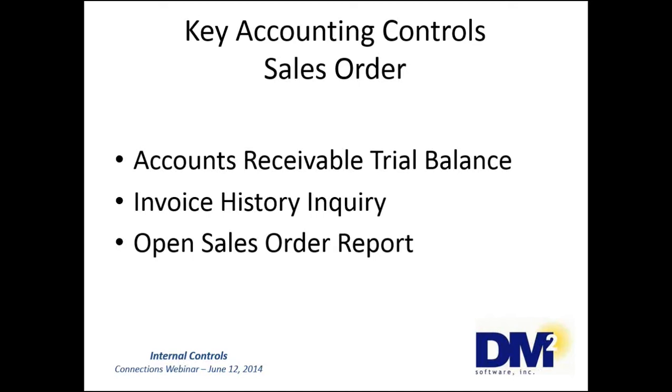One thing to note in sales order inquiries is that when you pull up an invoice, it will only show invoices invoiced out of sales order. In accounts receivable, when you go into Invoice History Inquiry, it will show you invoices updated in both sales order and accounts receivable.